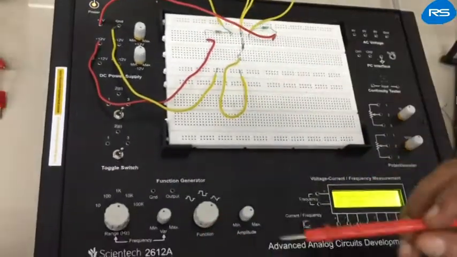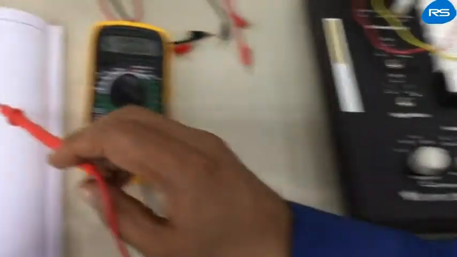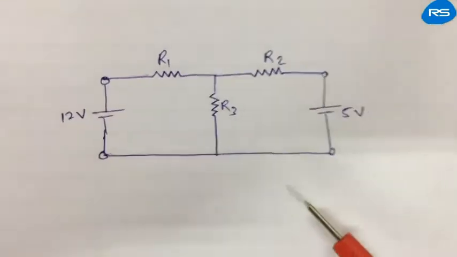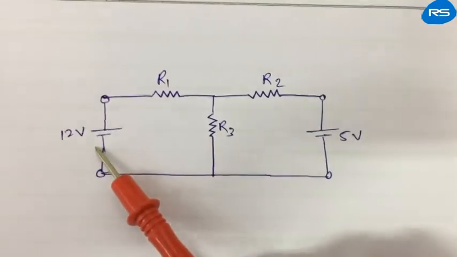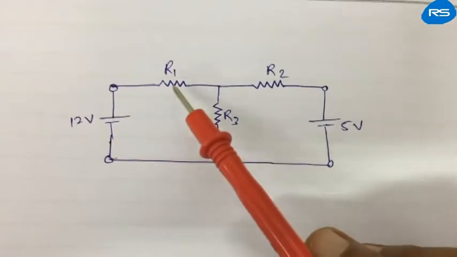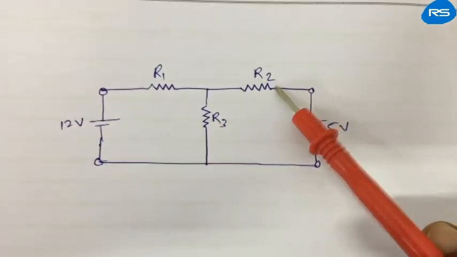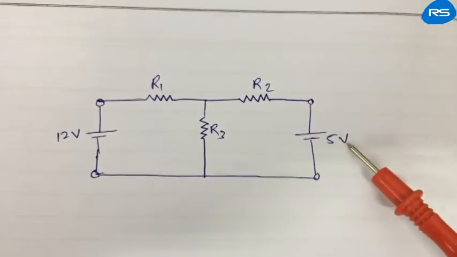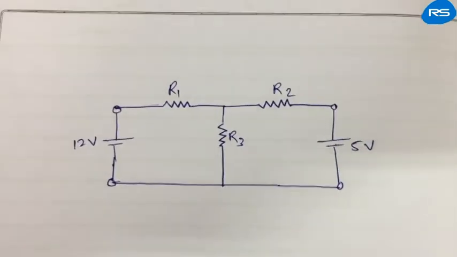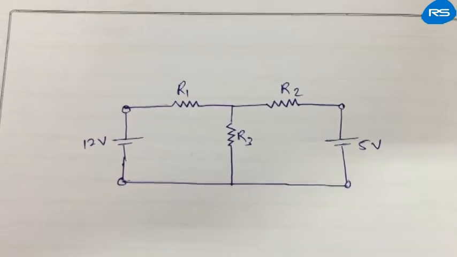So we have a circuit like this. We have made the connection for this circuit. For this circuit we have a 12 volt power supply, resistance R1, resistance R2, resistance R3 and another power supply of 5 volt. Both the supplies are DC.